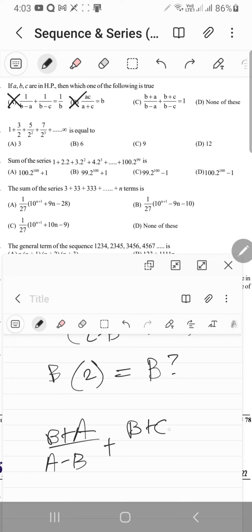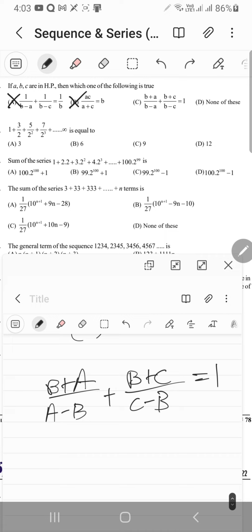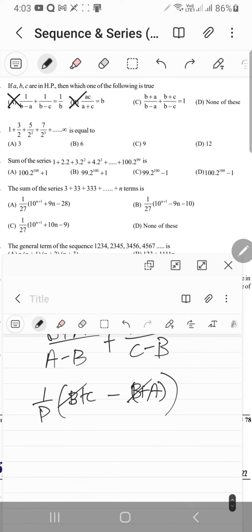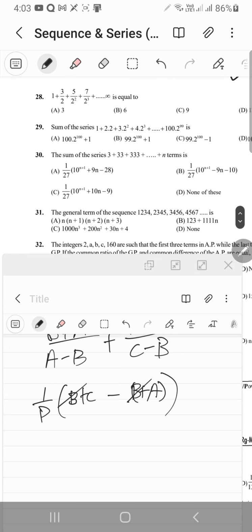Similarly, B plus C upon C minus B, I think, yeah, that's equal to 1. Okay, once again, A minus B is just negative D, so this is like 1 upon D into B plus C minus B plus A. This cancels, so just C minus A, which is 2D, but then 2D upon D is 2, so this is also incorrect. So none of these. Wow, did not expect that.